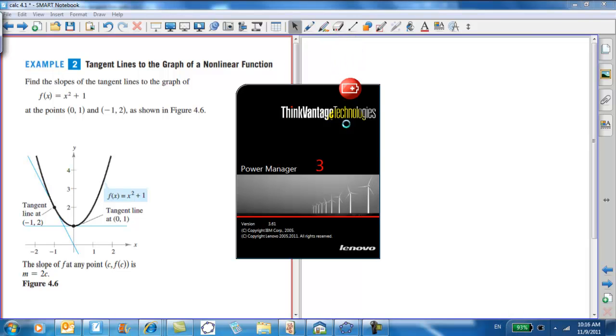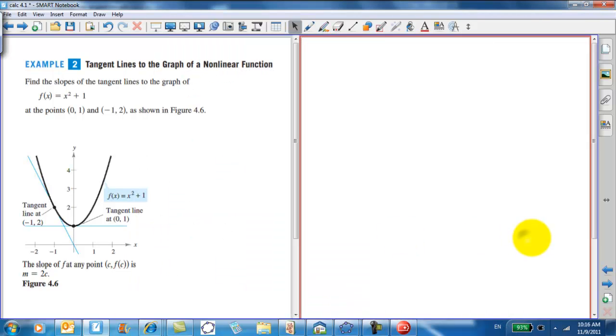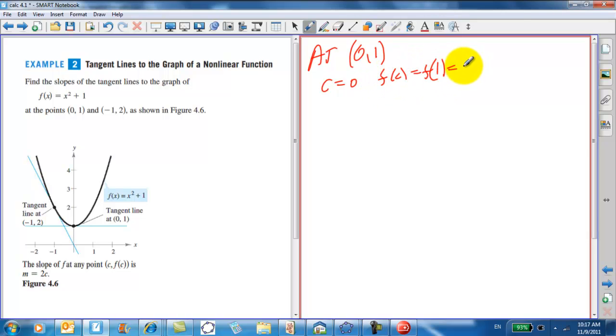So at 0, 1, we're going to have c equals 0, and f of c equals f of 0, which is equal to 0 squared plus 1, which is equal to 1.